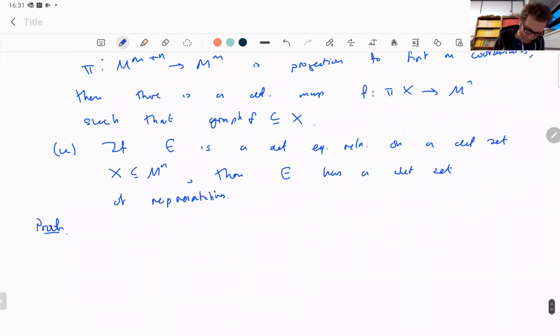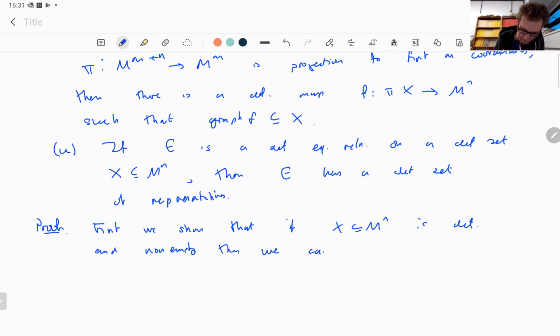So for the proof, we show that if X in M to the n is definable and non-empty, then we can definably pick an element e of X. So how do we do it?